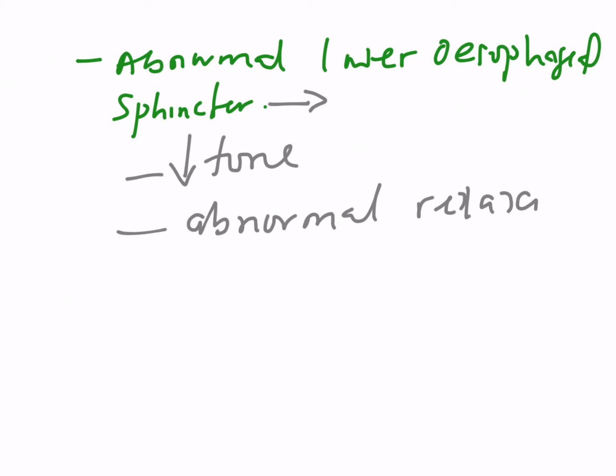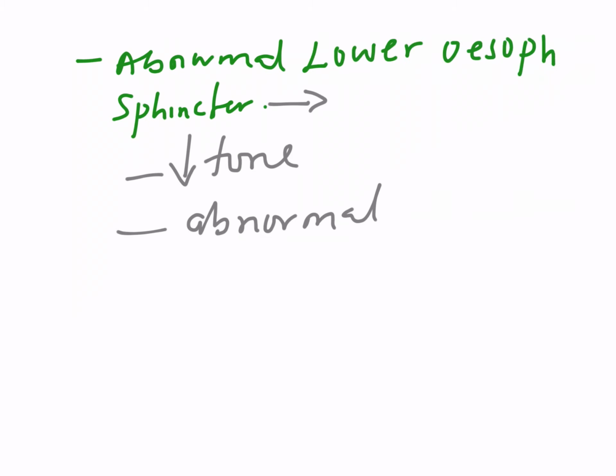Usually the sphincter is always contracted, unless a person is going to swallow. During swallowing, the sphincter will relax and then you swallow and it goes back to its contraction phase. So when there is abnormal relaxation, this will lead to GERD too.